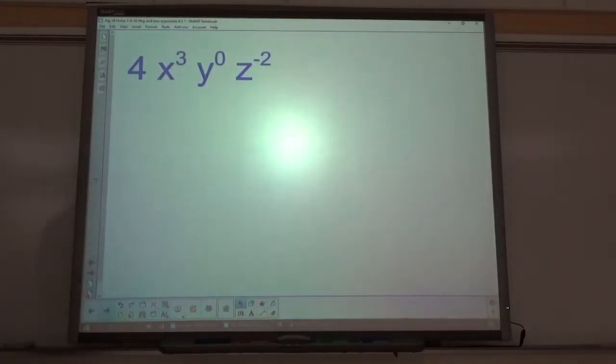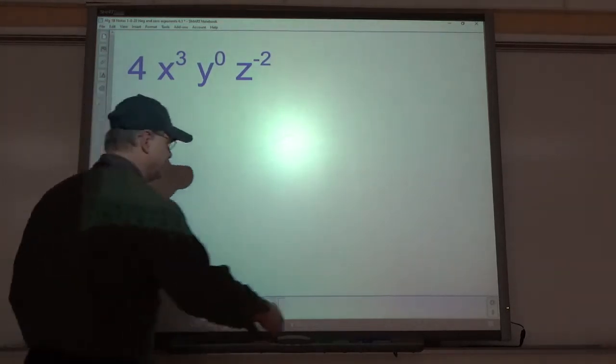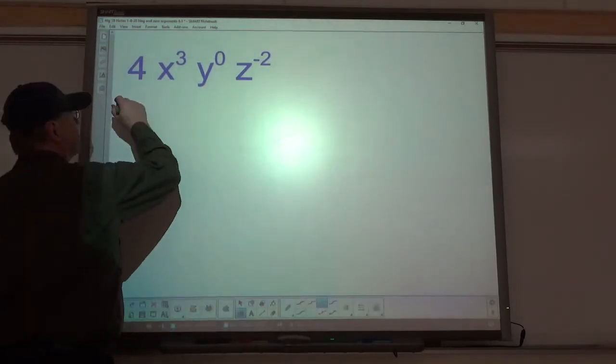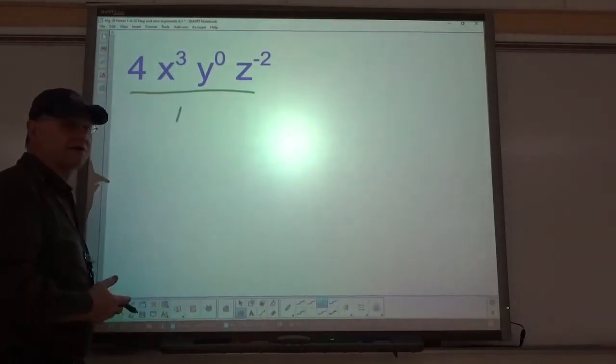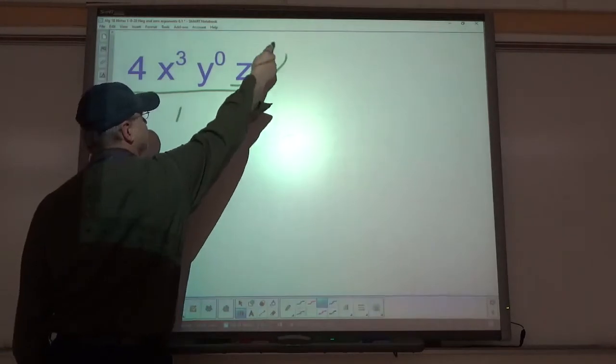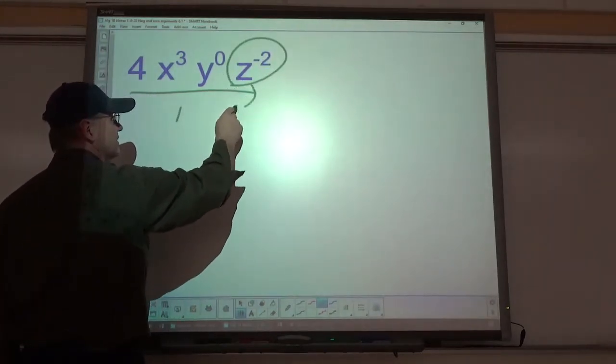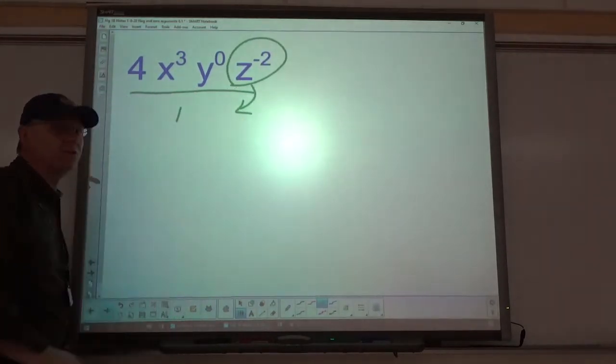Let's check this one out. See what you can do with it. See if you remember from the beginning how to deal with all of the parts. All right, so I can put it over 1 to make it a fraction. The z has a negative power, so that's going down. What happens with the y?